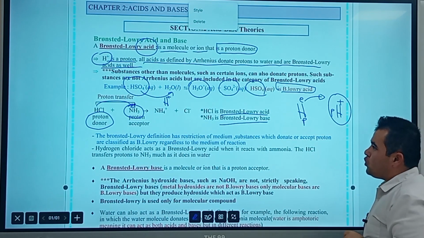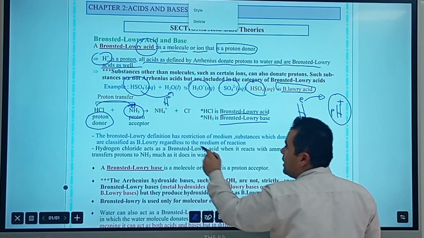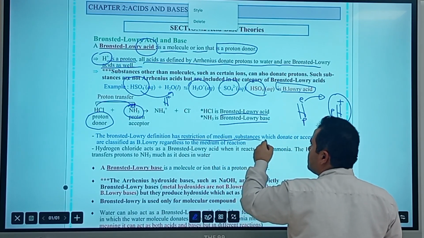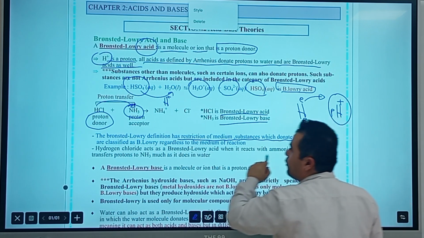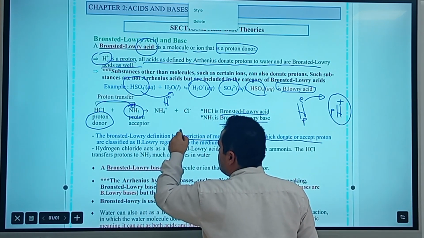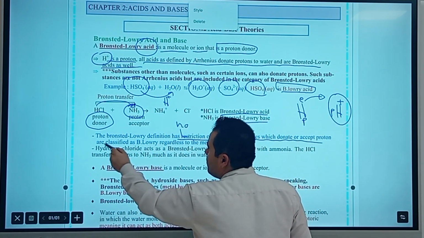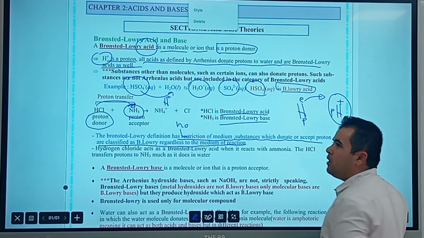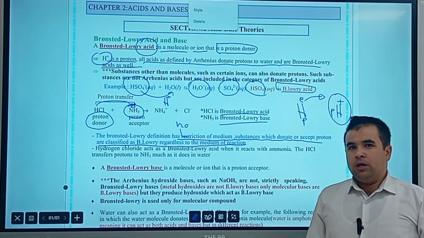Guys, the Bronsted-Lowry definition has no restriction of medium. Substances which donate or accept a proton are classified as Bronsted-Lowry regardless of the medium of reaction.